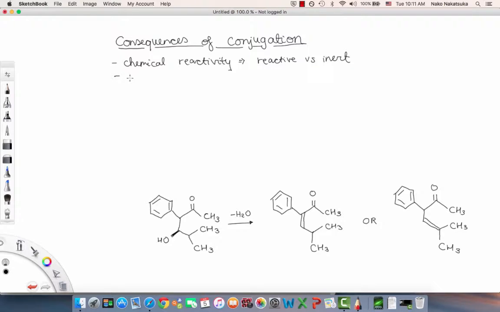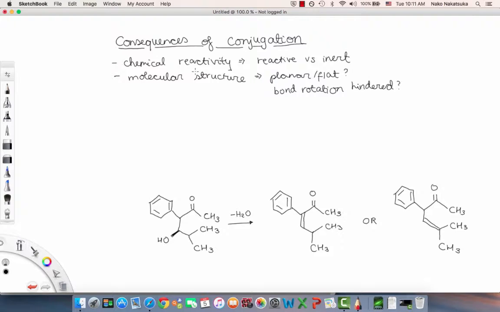It also influences molecular structure: is a molecule planar/flat, is bond rotation hindered, and you saw this in the case of comparing cis versus trans.